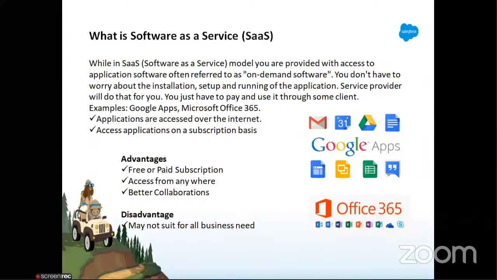You just have to pay and use it. You are a client getting the services of that software, and the service provider keeps everything up to date for you. There is no need to install the software in your system.